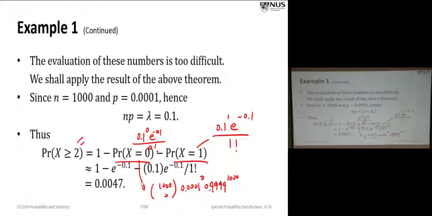This is the probability of x equals 0 for a binomial distribution. Plus 1,000 choose 1 times 0.0001 to the power 1, and then 0.9999 to the power 999, right? So it's still not that bad, provided that you can get 0.9999 raised to the power 1,000.